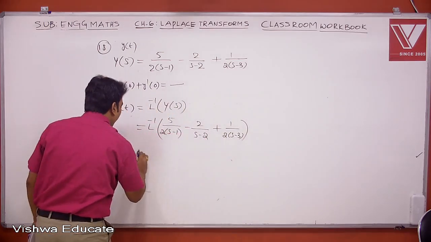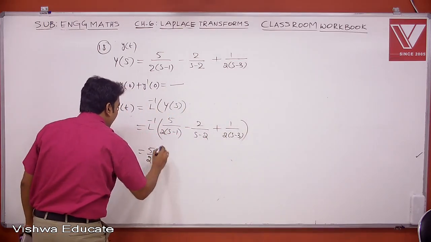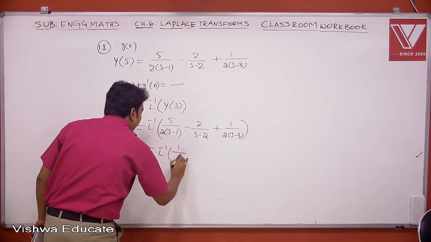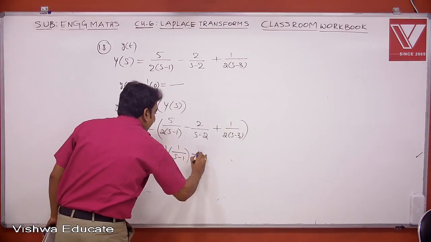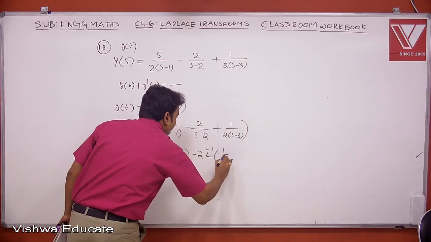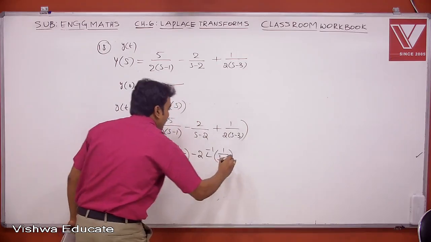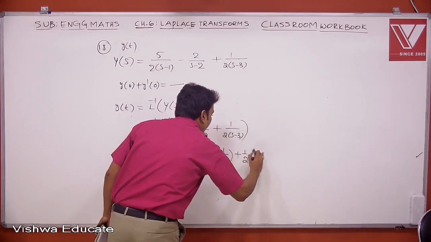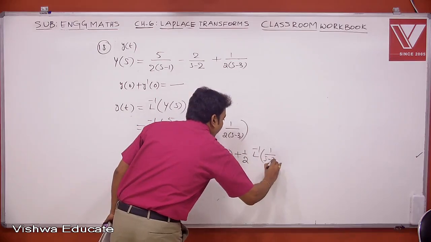So apply linear property. This becomes 5 by 2 into L inverse of 1 by (s minus 1), minus 2 into L inverse of 1 by (s minus 2), plus 1 by 2 into L inverse of 1 by (s minus 3).